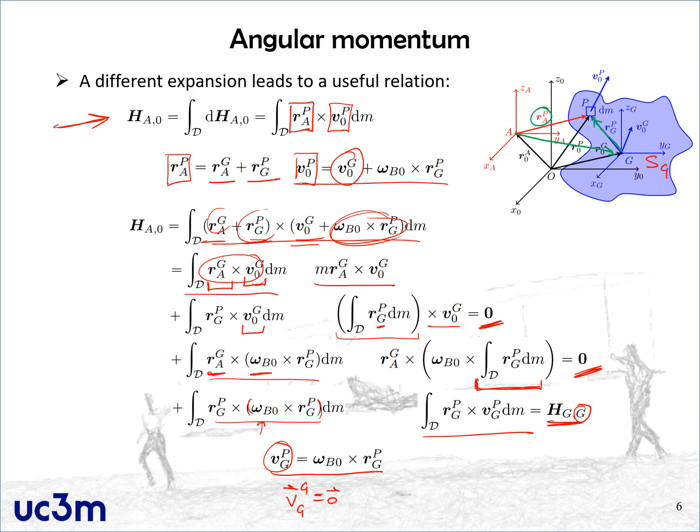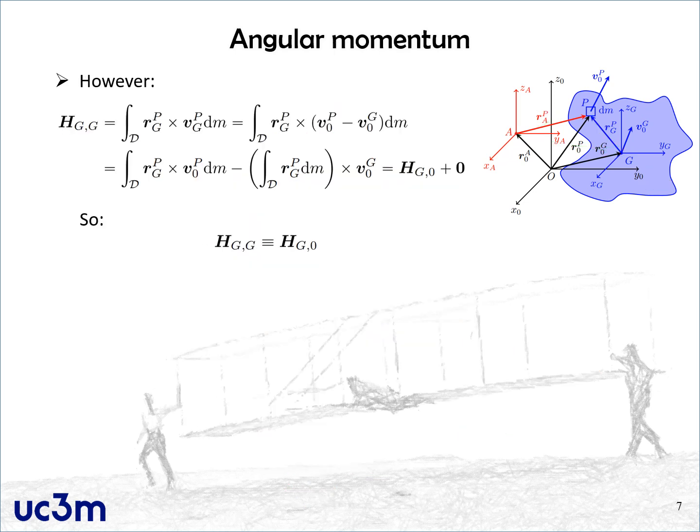This is the angular momentum of the rigid body about point G in reference frame SG using velocities of reference frame SG.